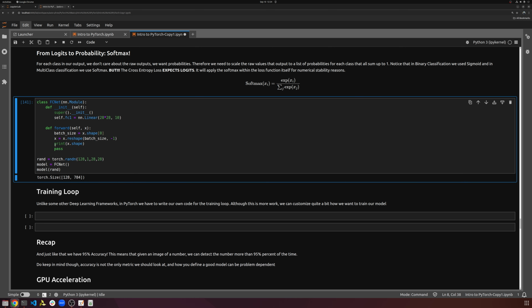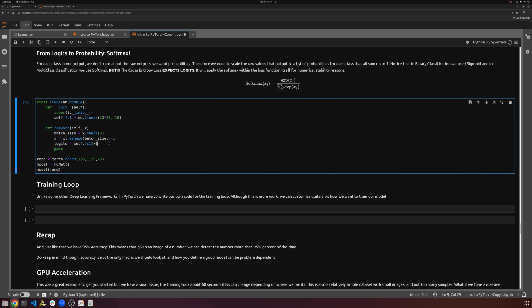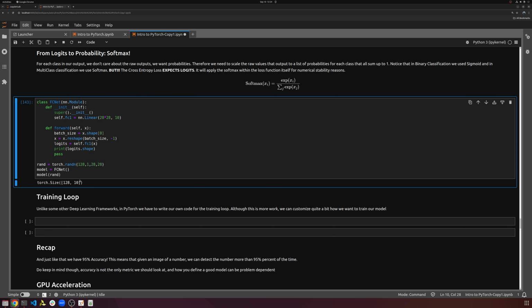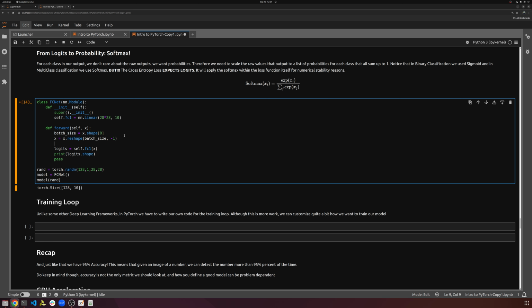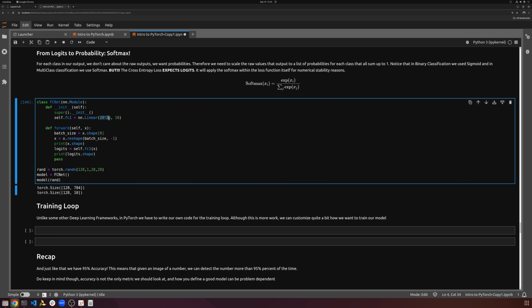Now that we have this, we can do self.logits is equal to self.fc1(x), and let's look at our logits. Print logits.shape. Notice we passed in a 128 by 784, which is 28 by 28, and we're outputting a 128 by 10 because we have an output of 10.